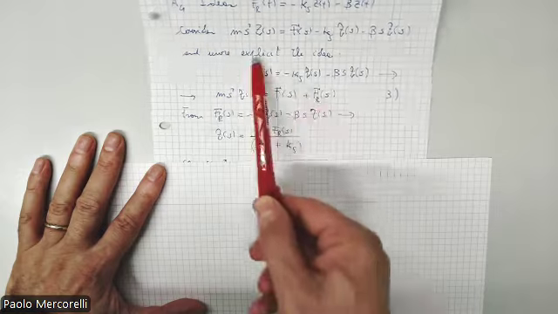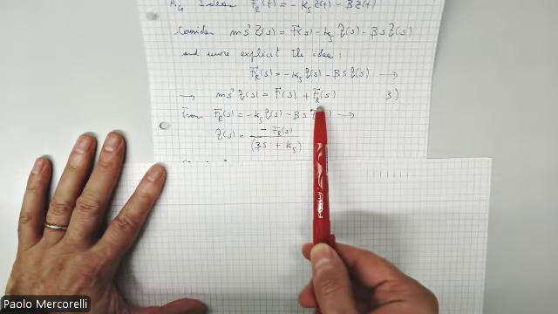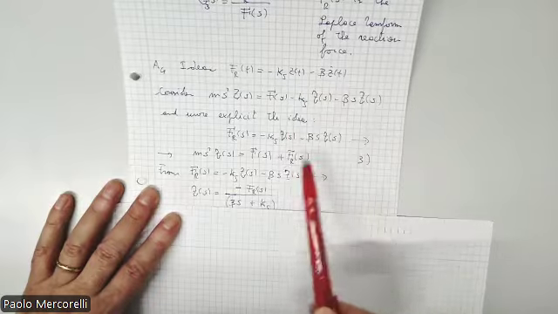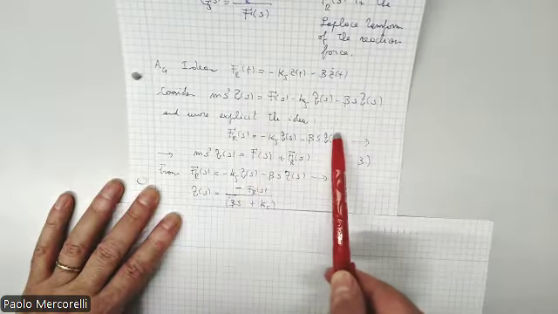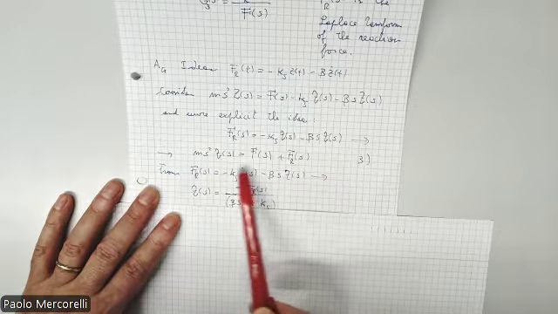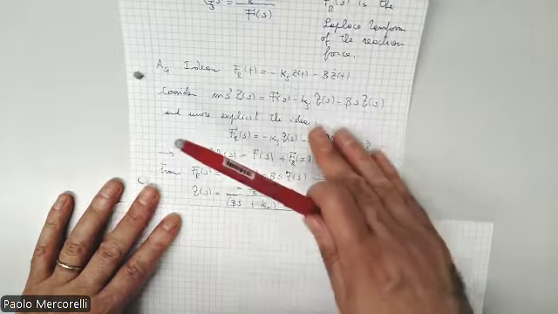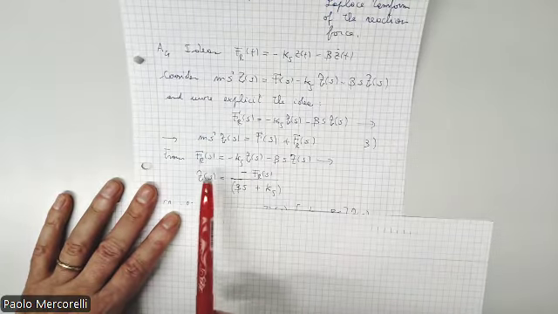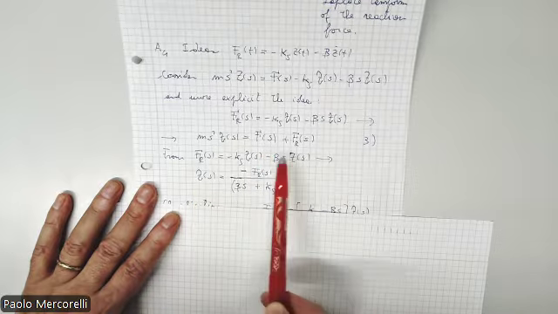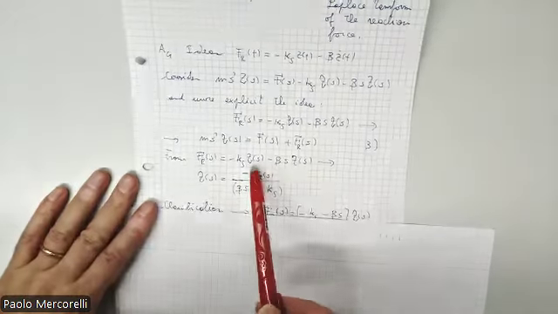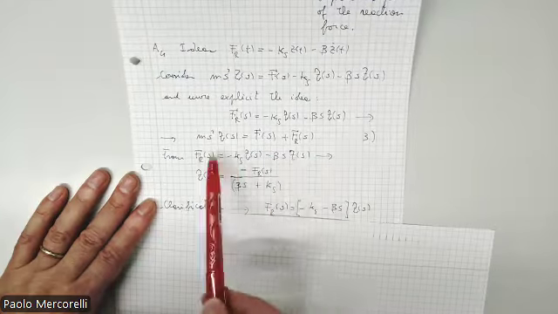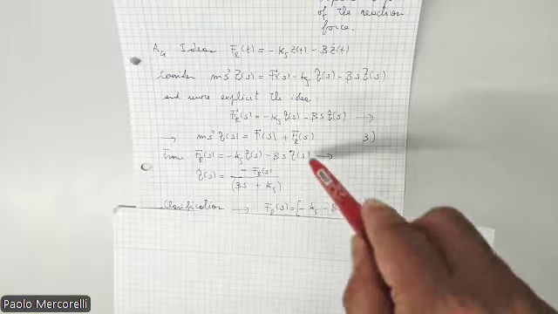I can plug in, but before plugging in, I have here F of L, because from here this is plus F of L. If you look again at this expression, you can write Z of s in this form, because it's enough to put in evidence Z of s, and then divide by this element, which multiplies Z of s. Is this clear?